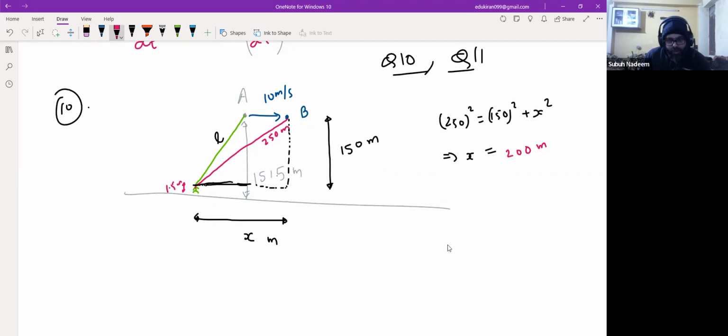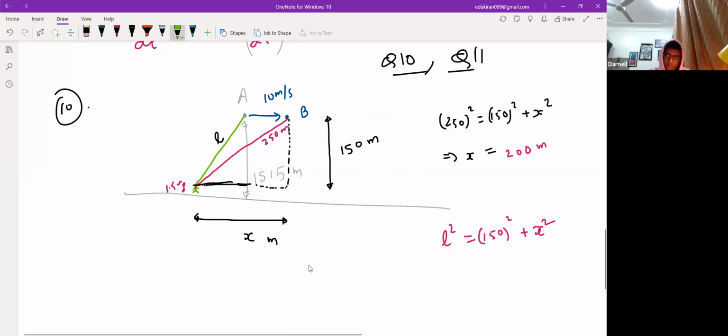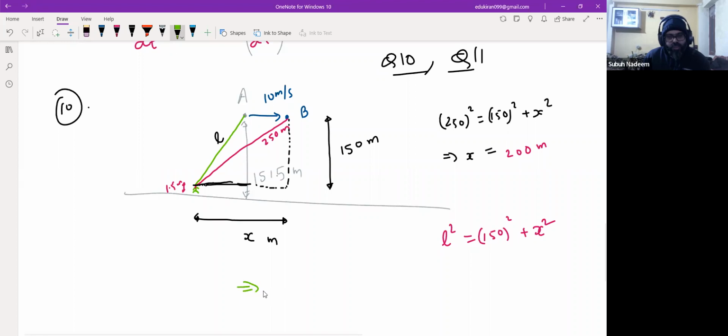In general, if any length L is taken, L square is equal to vertical height is not changing, 150 square plus x square. Can we write it like this? Yes, sir. Okay, now we can differentiate it. For differentiating, you'll get 2L dl by dt is equal to 2x dx by dt.